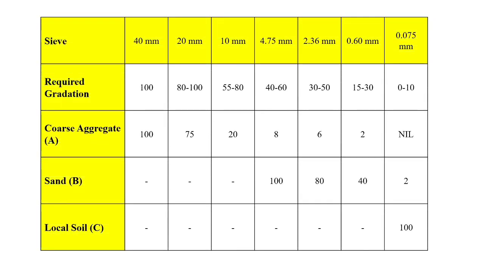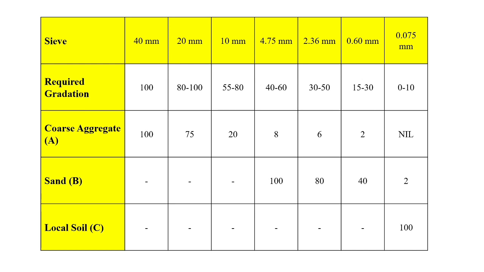In this example you can see the sieves of different openings, the required gradation, and three different materials: coarse aggregate named A, sand named B, and local soil named C, and various other values relating to these given parameters.